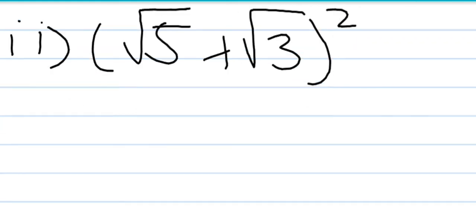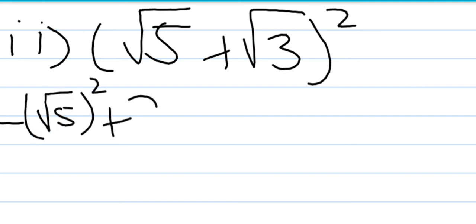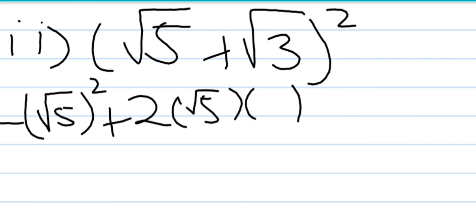So the next part is under root 5 plus under root 3 whole square. This is the formula of a plus b whole square is equal to a square plus 2ab plus b square. So we'll write it as under root 5 whole square plus 2 into a, which means under root 5, and under root 3, I'm not writing the value because we don't know it, and b whole square.